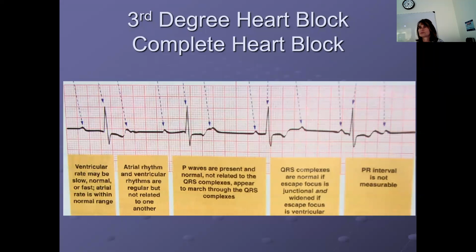At a glance, you might think that this is second degree type 2, but the rate is what should tip you off, but this is something else. It's going to be a slow rate, a bradycardic rate, between 20 and 30. Yes, and then we've got to measure both the QRS and the PR. Very good. Tiffany?